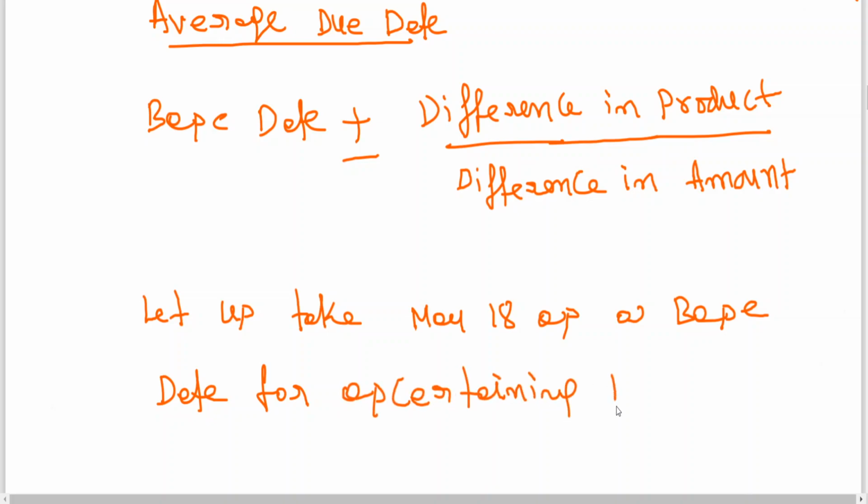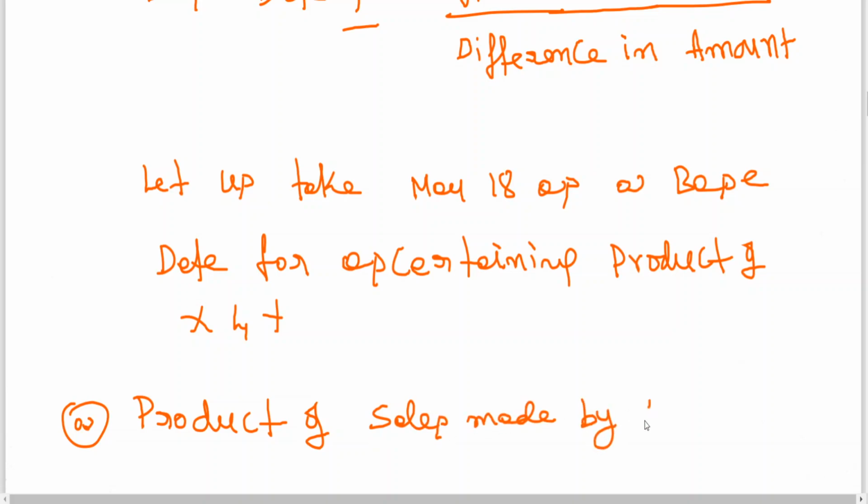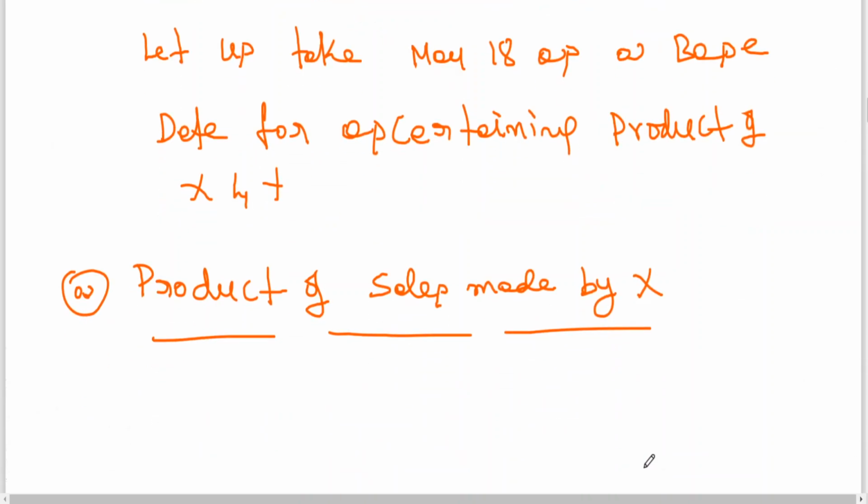For ascertaining the product of X and Y. Next, the product of sales made by X. Product of sales made by X, or we can write in brackets, when X is selling, is nothing but payments made by whom?